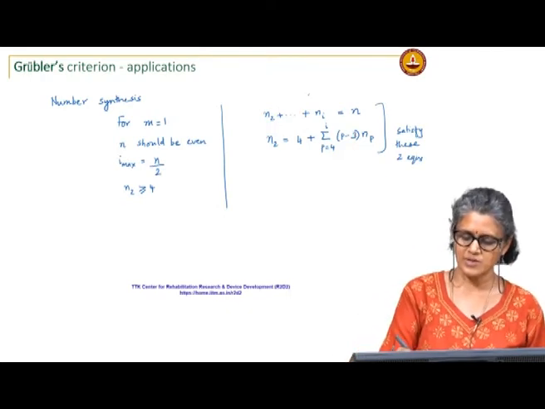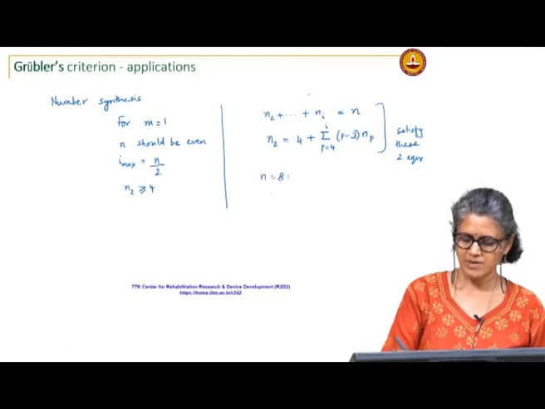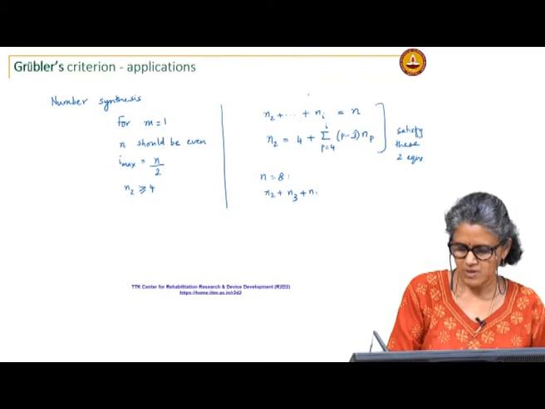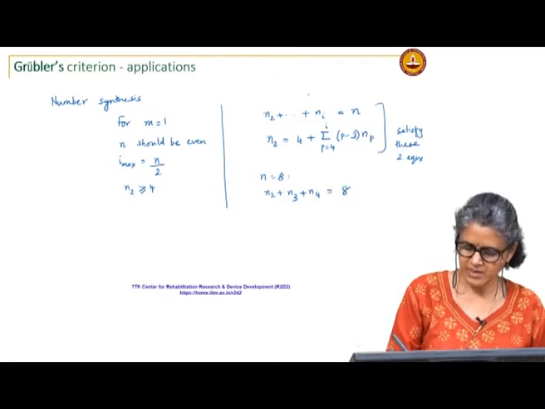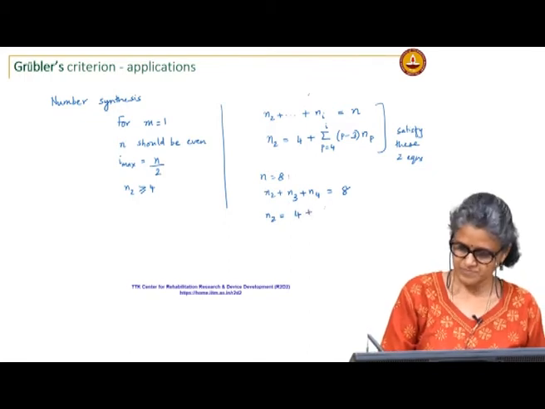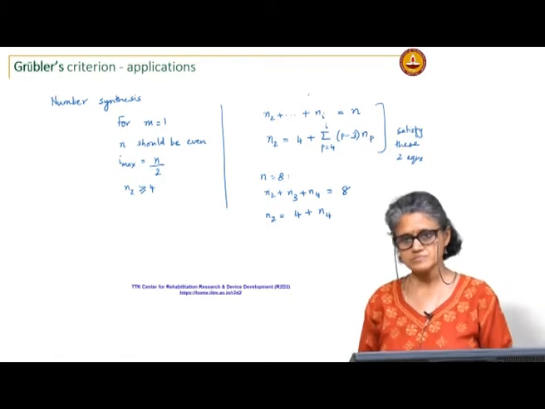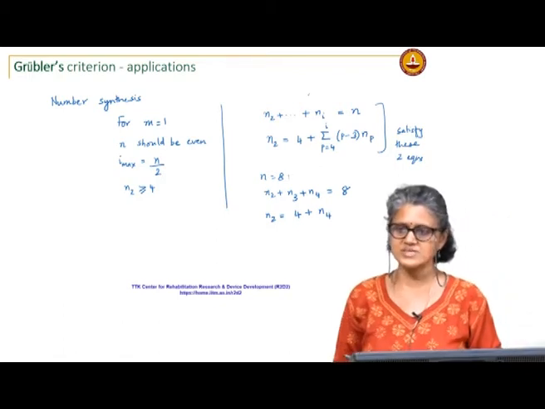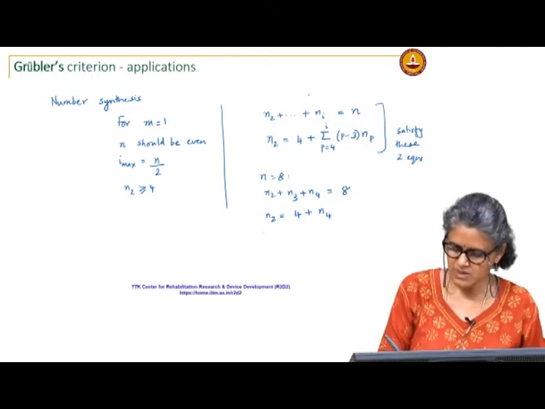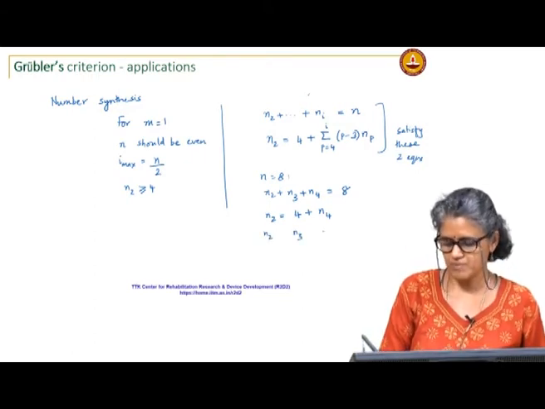So, for say n equal to 8, you only have I equal to 4. So, n2 plus n3 plus n4 will be equal to 8, and then you will have n2 equal to 4 plus n4. As long as these are satisfied, your possibilities could be n2, n3, n4.